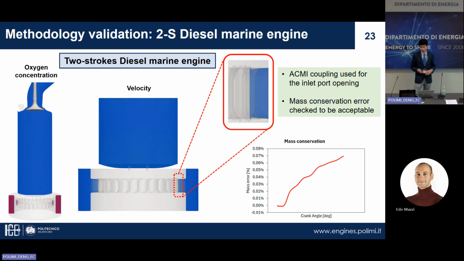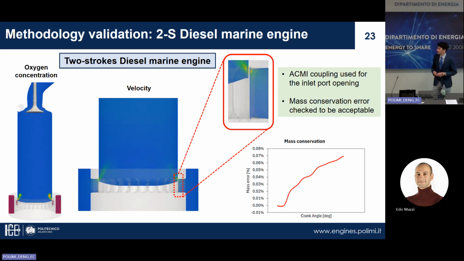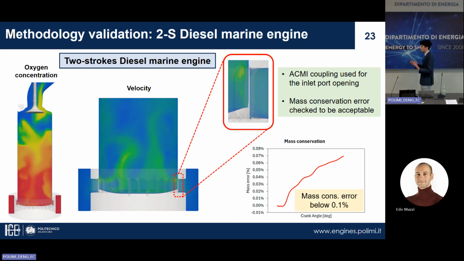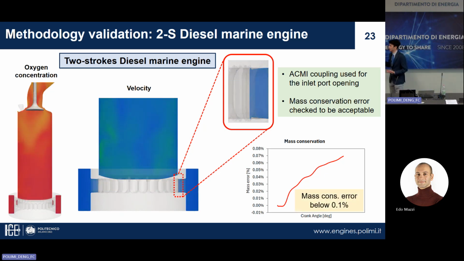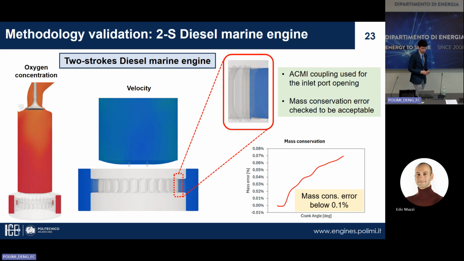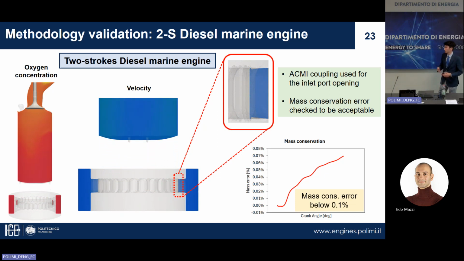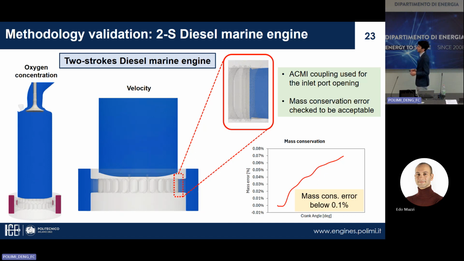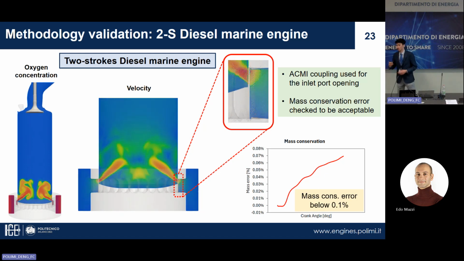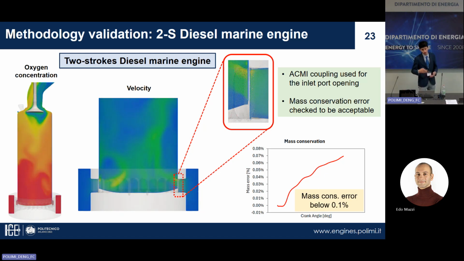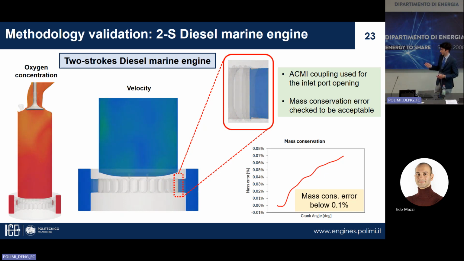But to be sure about our results, we always check for mass conservation. For example, in this case, with this operating condition, we checked that the mass conservation error was below 0.1%. So we were quite happy about using this kind of methodology in this case.